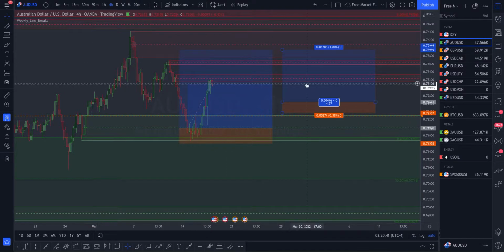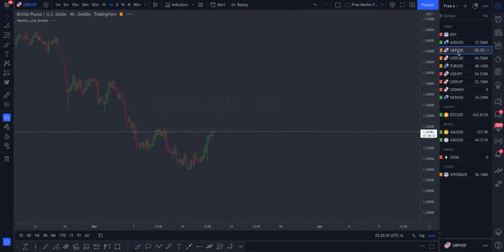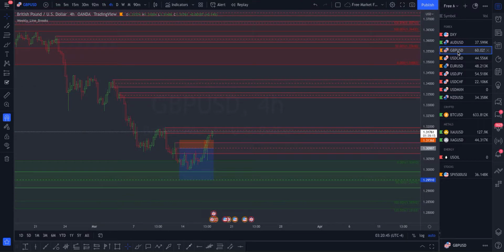All right, pound USD. Short-term institutional bias with this was consolidation. We were looking to see price consolidate between these two 4-hour supply and demand zones. Didn't quite work out that way.